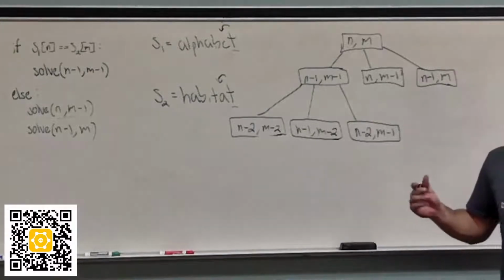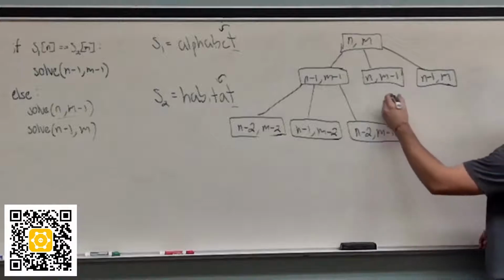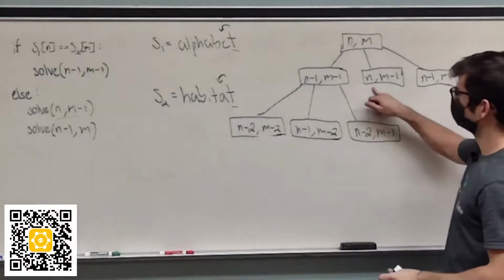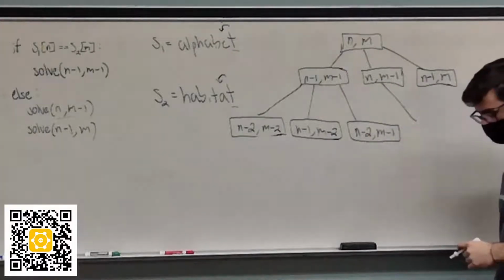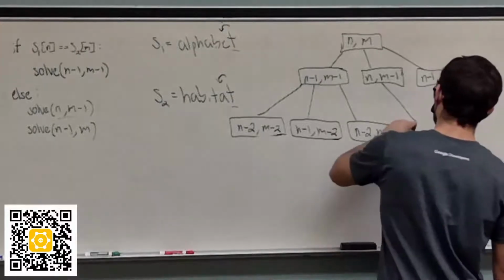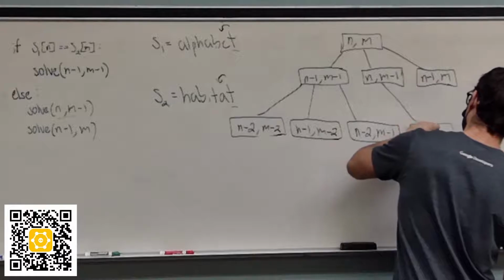So let's continue building out how this recursion tree will look. When it calls itself with n minus 1, m minus 1, it also has 3 other calls it can make. It could be n minus 1, m minus 2.